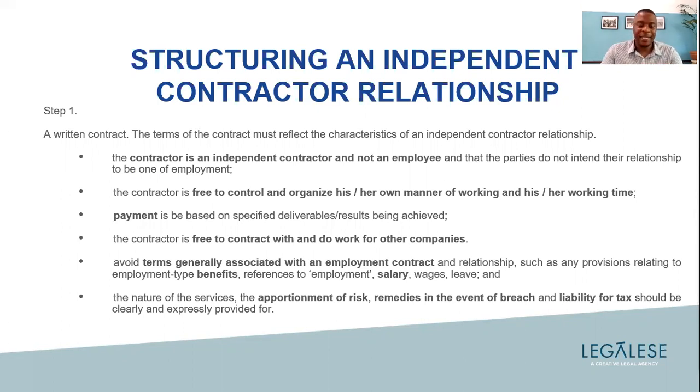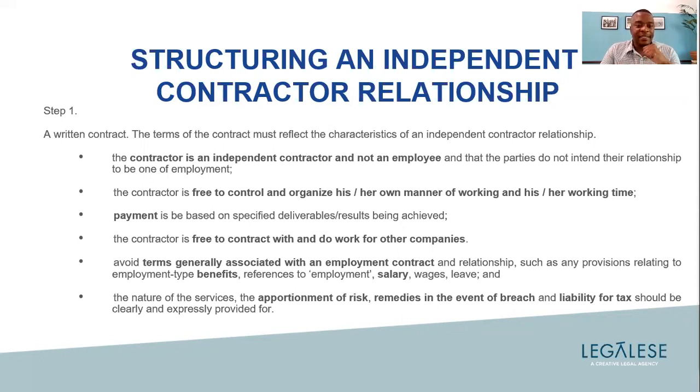employer-employee relationship. Secondly, I also set another clause that specifically states that the contractor is free to control and organize his or her own manner of working and his or her working time. Thirdly, I also specifically mention that payment will be based on specified deliverables or results that would have been achieved.